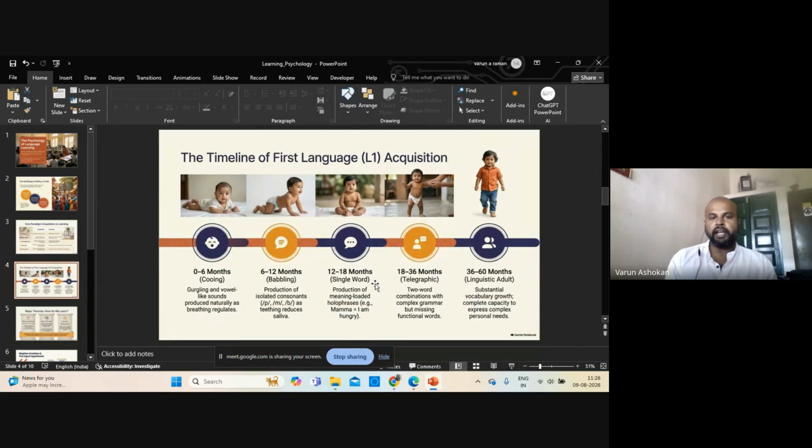The child may put the verb in the beginning, use past tense instead of present continuous tense, or use future tense instead of present continuous tense. So the grammar of the child is yet to form, but the child is able to speak completely.